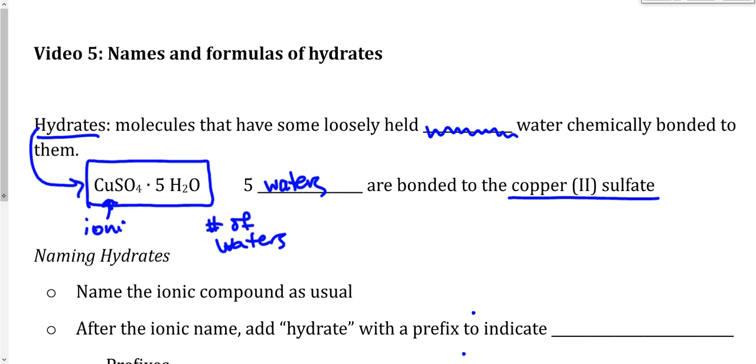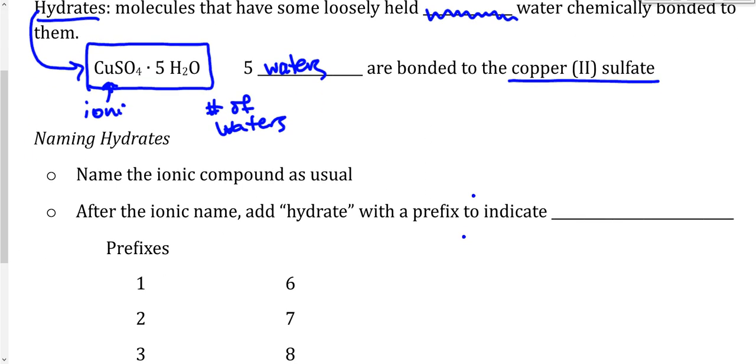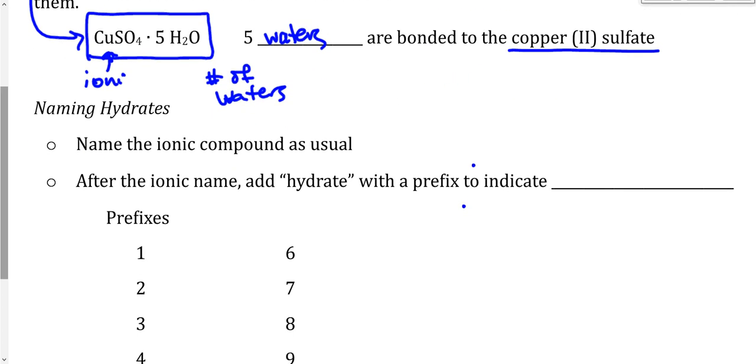First, when we name them, because the reverse way is pretty simple once you know how to name them, you name the ionic compound as usual. That's back in video 3, actually 2 before this. So in this case up here, we have this copper 2 sulfate, CuSO4, which is the name right here.